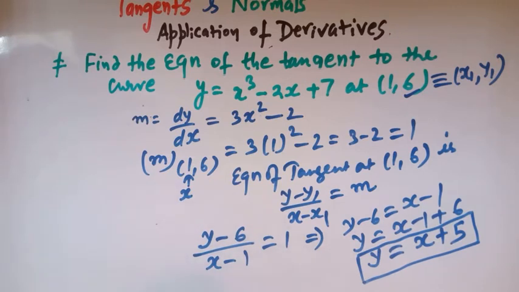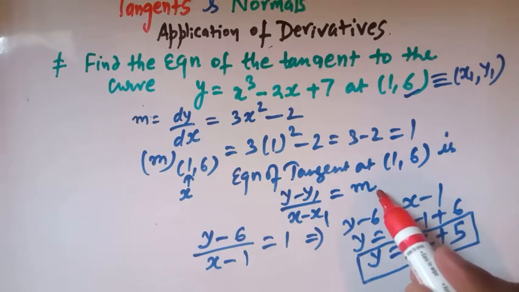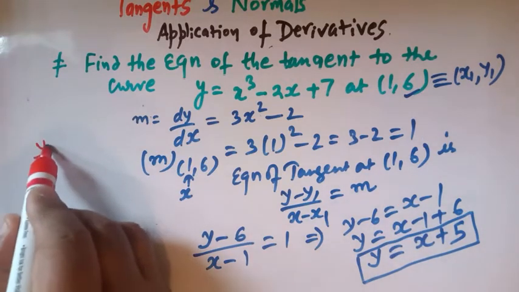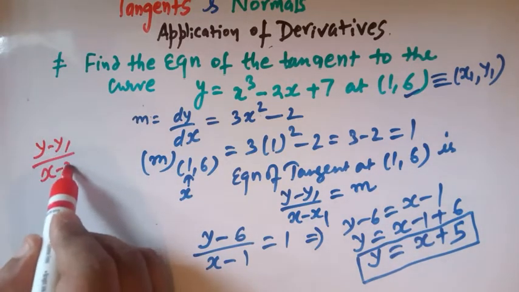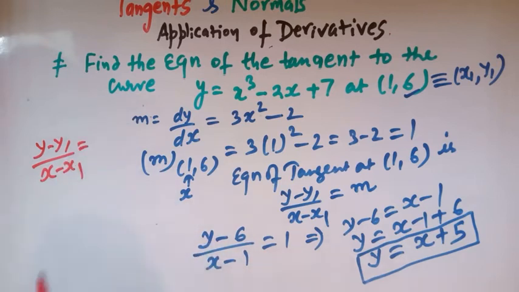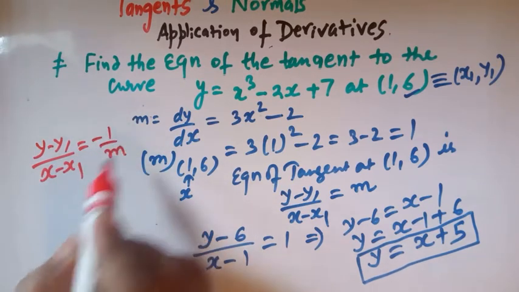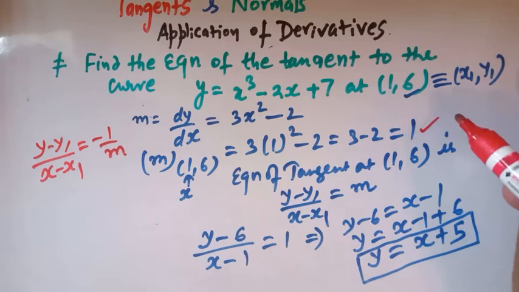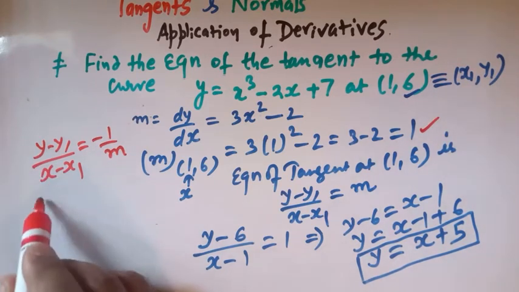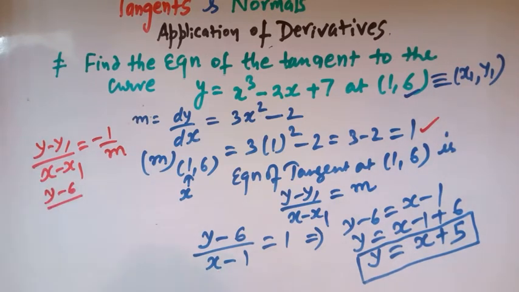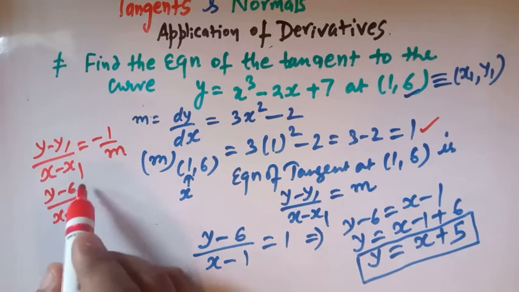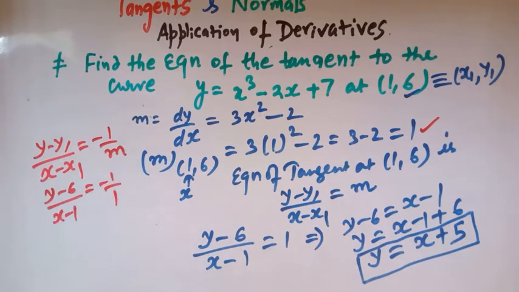And suppose we have to find the equation of normal, then this equation will be written like this: y minus y1 over x minus x1 is equal to minus 1 over m. And what is the value of m? M is 1. So we have y minus 6 over x minus 1 is equal to minus 1 over 1.